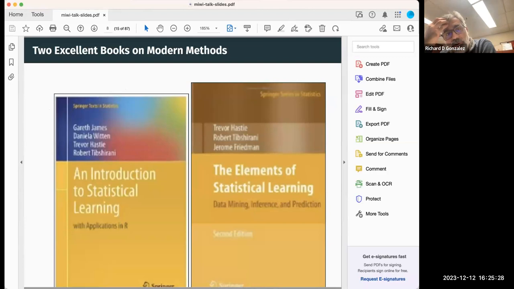This goes through many of the techniques of how data scientists work using a package that you would use in statistics as well, R. And if you want more of the theory behind it, then it's the companion book on the right. These are both classic books now. If you want to learn more about the things I'm talking about, those are great places to start.